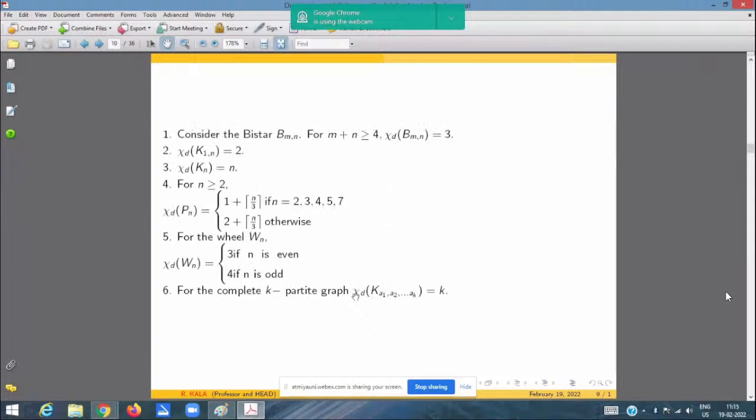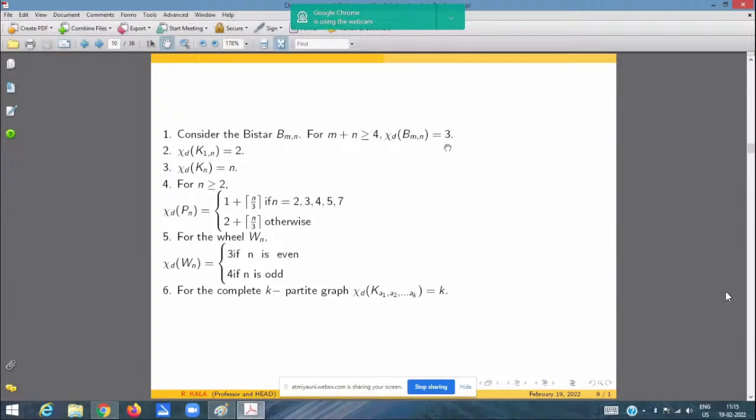And then we shall compute the number for some standard graphs. If you look at the bistar, and if you have the condition m plus n greater than or equal to 4, the chromatic number is 2. For the 2 vertices of degree greater than 1, you can have 2 different colors, and the corresponding pendant vertices can be colored with the other color. So chi is 2, whereas 2 colors will not be a dominator coloring.